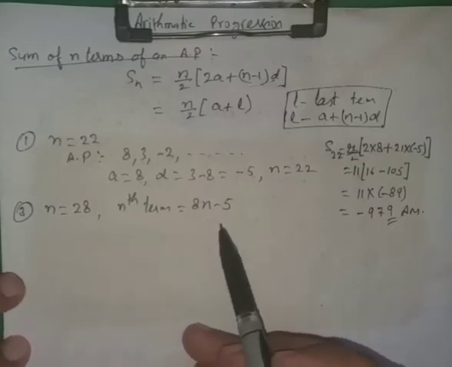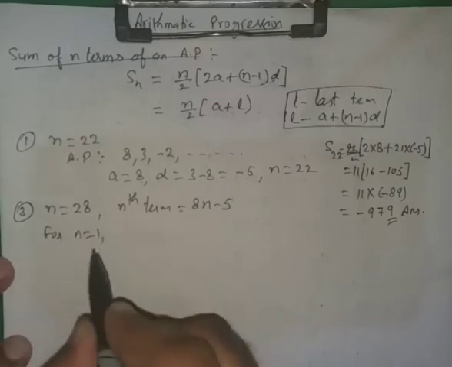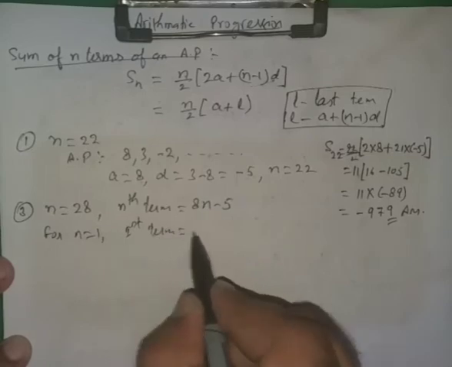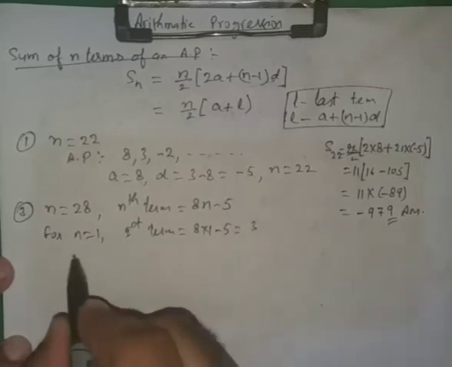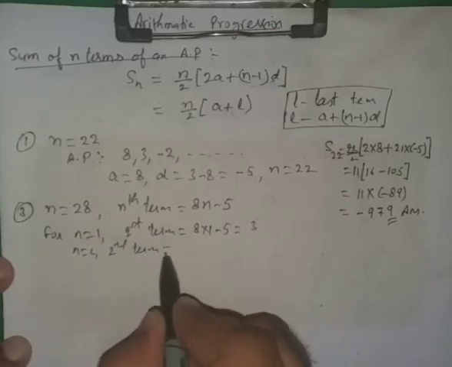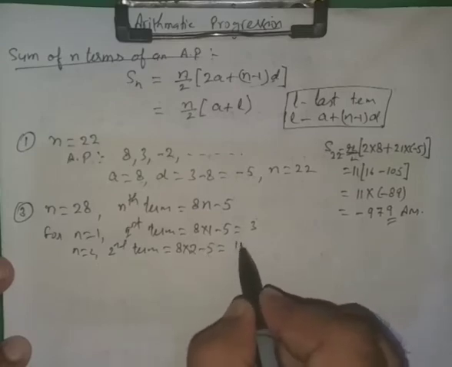So what we will do is form the AP first. For n = 1, we get the first term: 8 multiplied by 1 minus 5, which is equal to 3. For n = 2, we get the second term: 8 multiplied by 2 minus 5, so 16 - 5, that is 11.